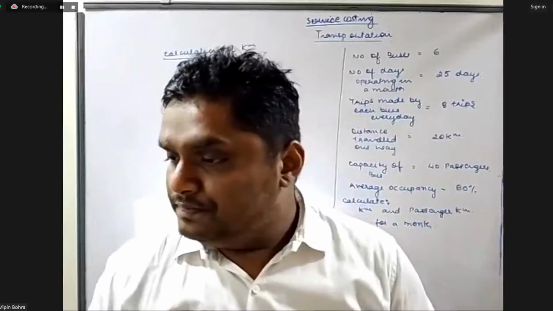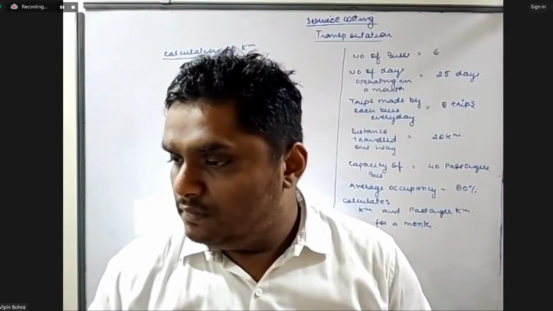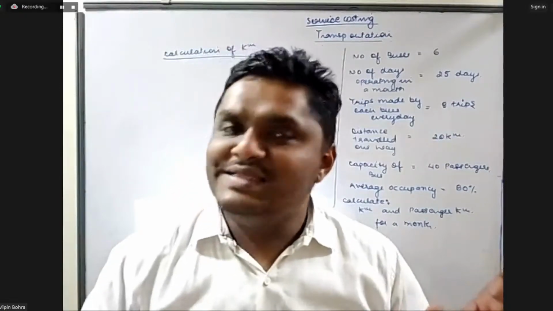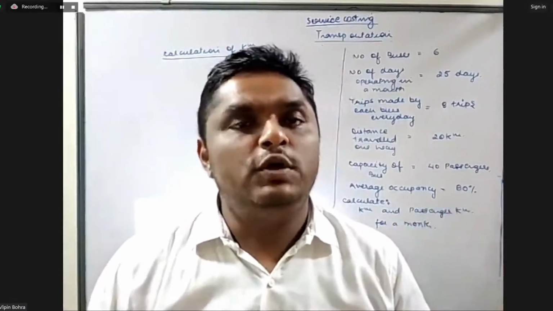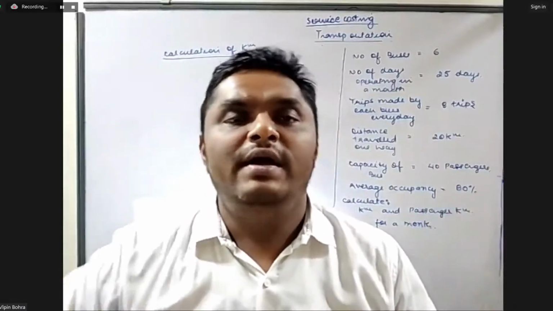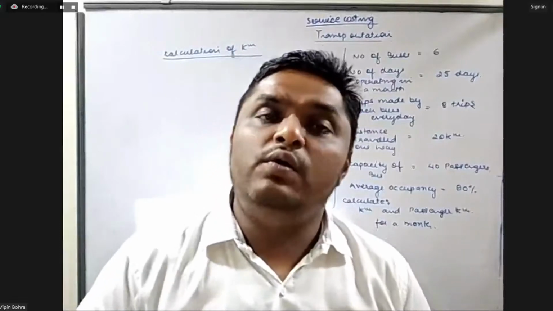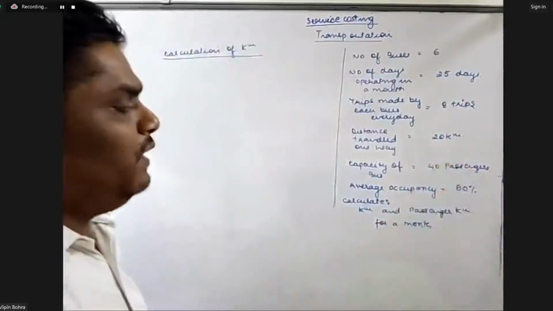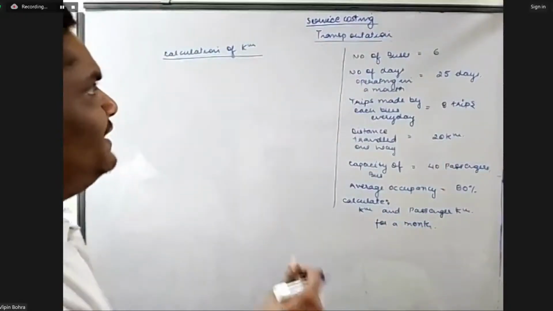So now the answers will be different because the approach is different, Tanishka. That is, the first, absolute method is the weighted average method, and the commercial method is the simple average method. So we have calculated the metric ton kilometer in the first case. Now herein we have to calculate the kilometers and the passenger kilometer for a month. So let's start.